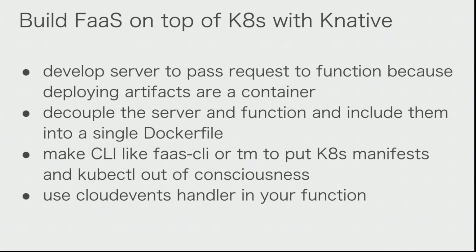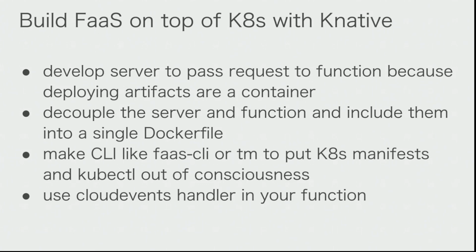To build FaaS on top of Kubernetes with Knative, we have to prepare these things. First, develop a server to pass requests to the function, because the deployed artifacts are containers. In the container, the server is executed. The server receives requests and passes them to your function.